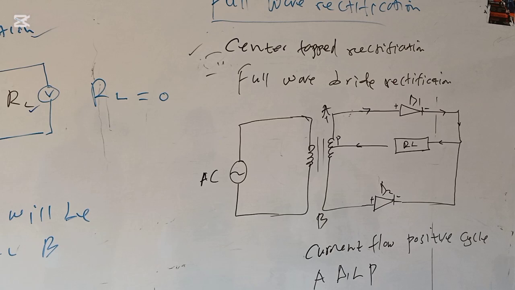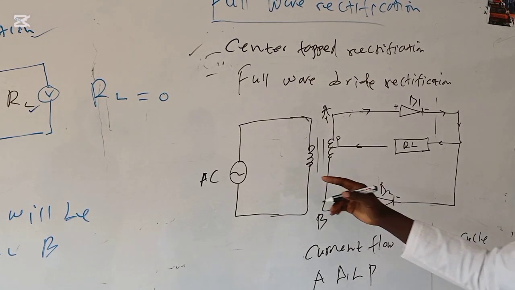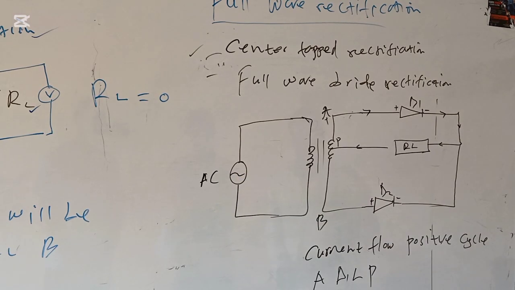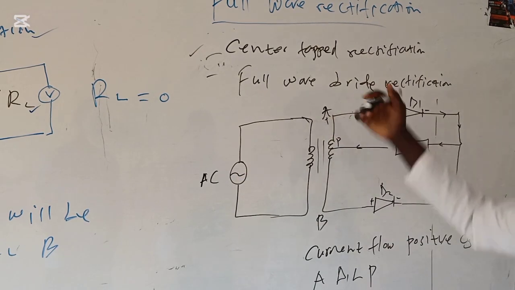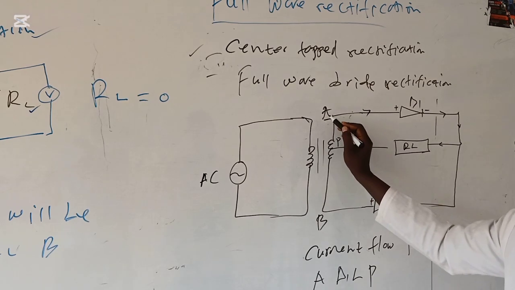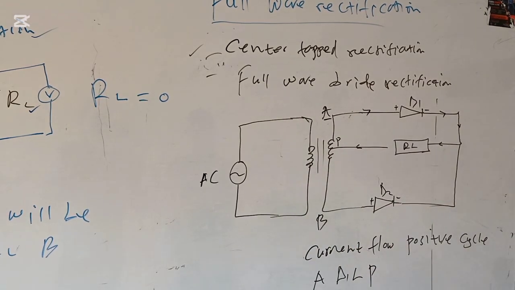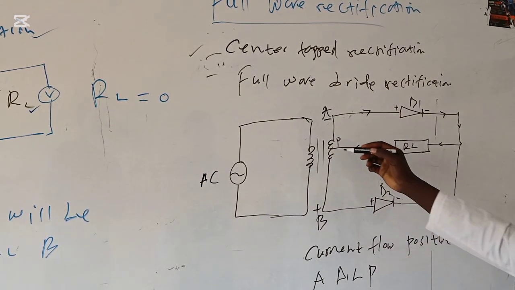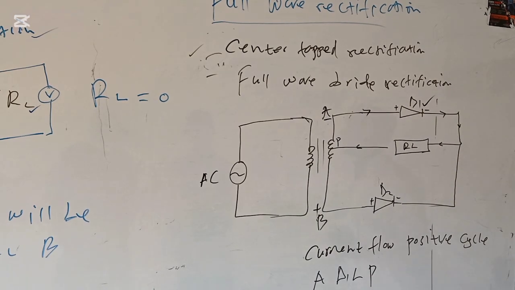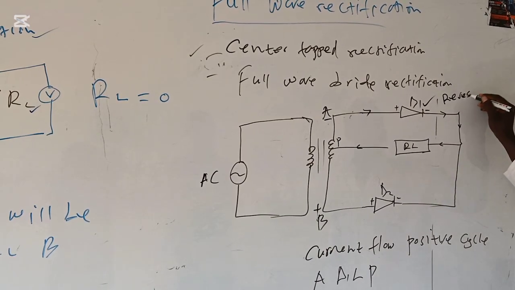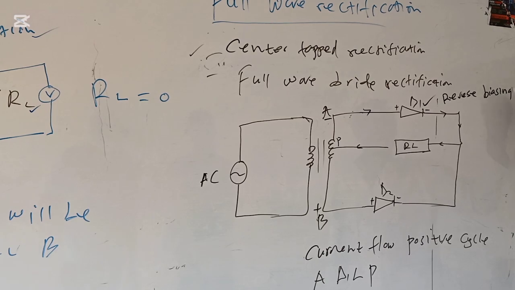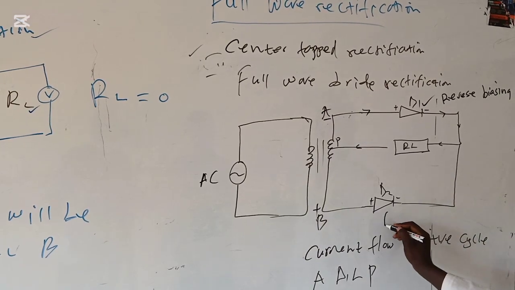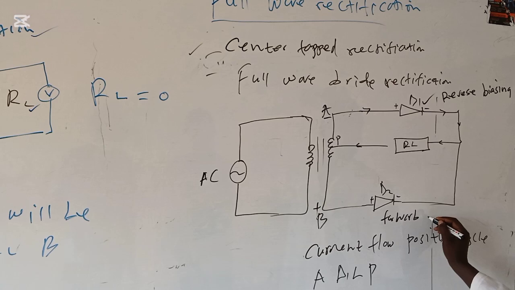Now, let us see the negative half cycle of the alternating AC voltage. You realize that the terminals change. Now here becomes negative, and here becomes positive. During the negative half cycle, diode 1 is in reverse biasing, and diode 2 will be in forward biasing.